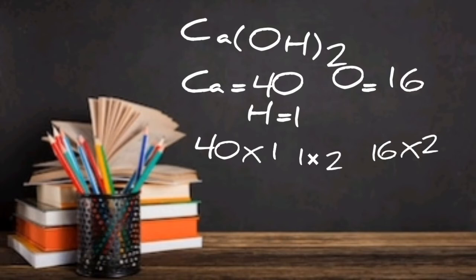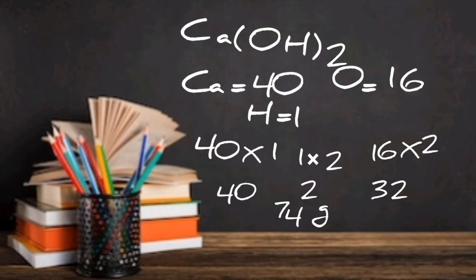So we have 40 for calcium, 32 for oxygen, and 2 for hydrogen. So the relative molecular mass is 74 grams.